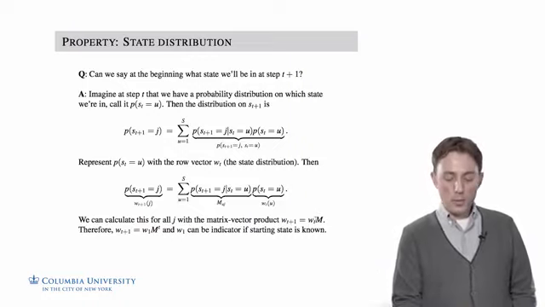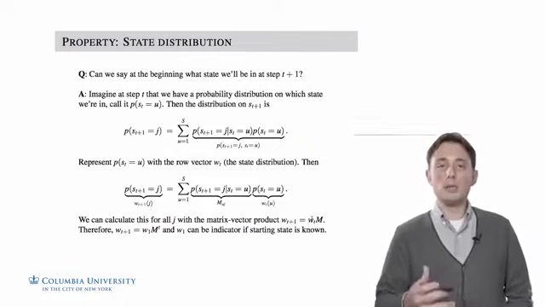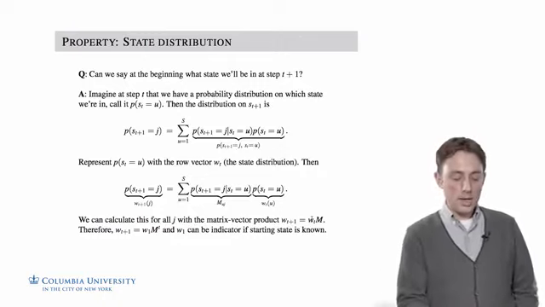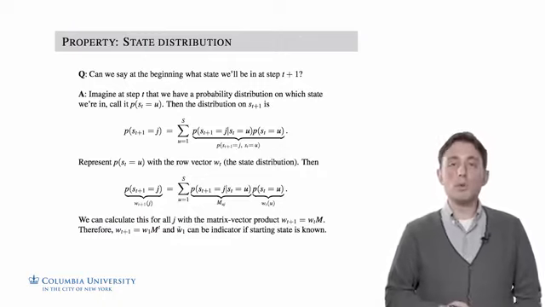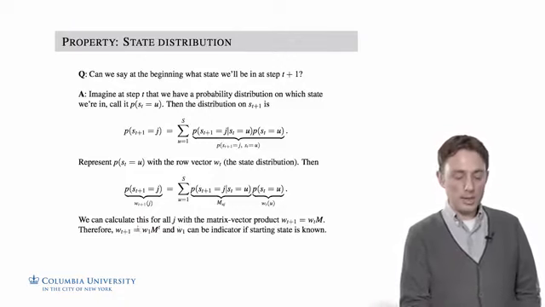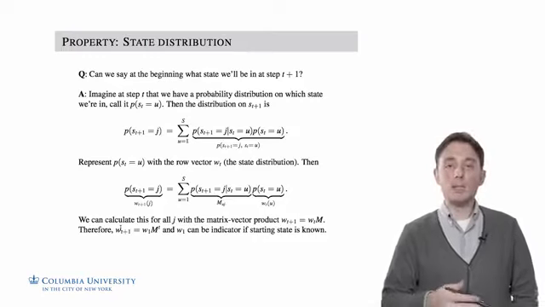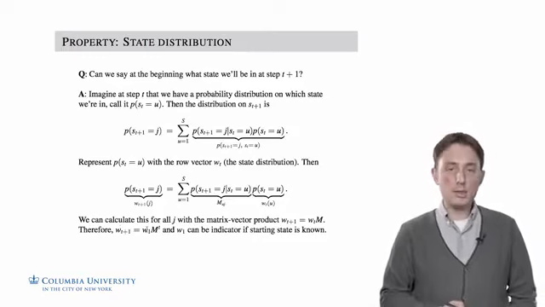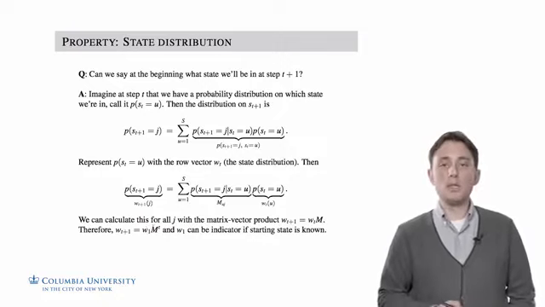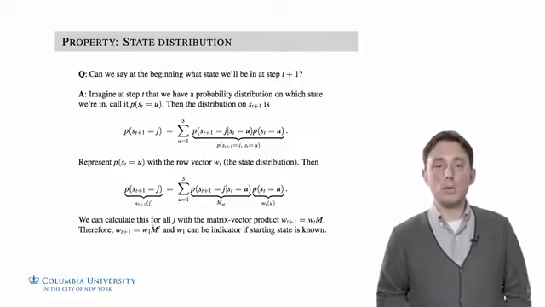And so we have this iterative way. For example, we know that w_t can be written as w_{t-1} times M. And if we keep stepping backwards, then once we arrive at the state that we're in at time 1, we can say that the distribution at time t plus 1 is equal to the distribution at time 1 times the transition matrix raised to the power t.